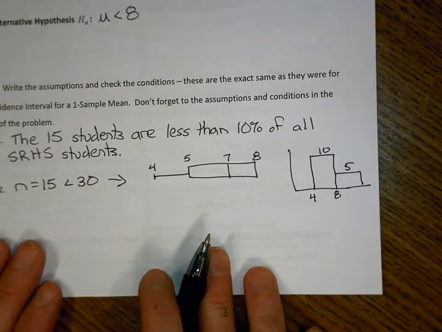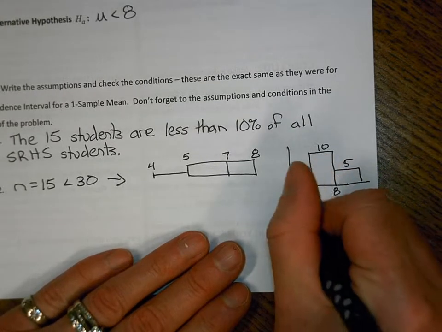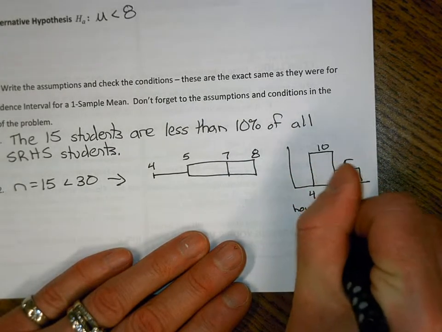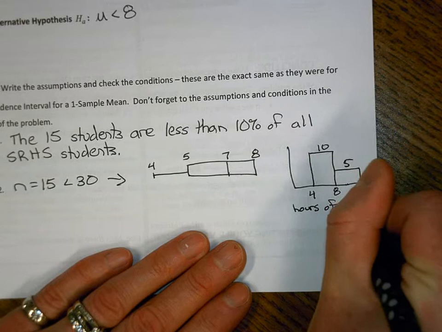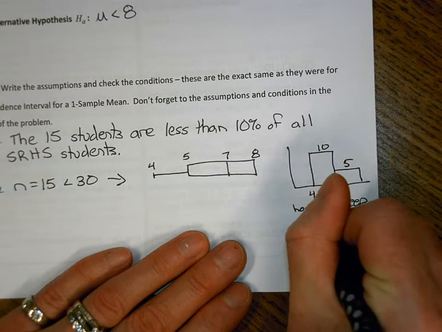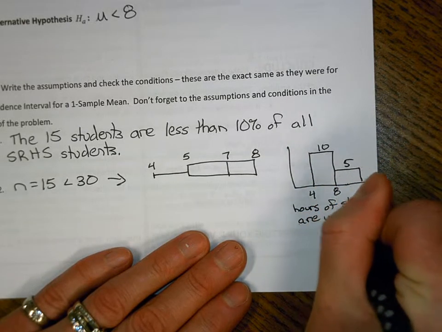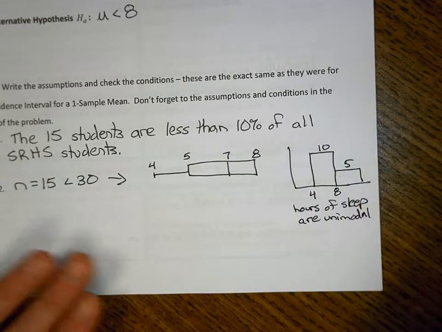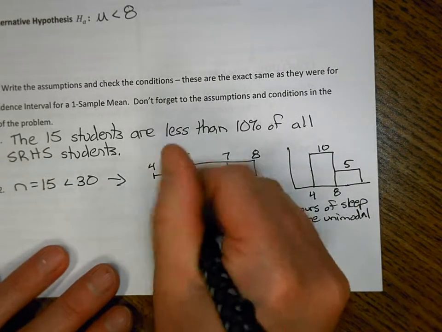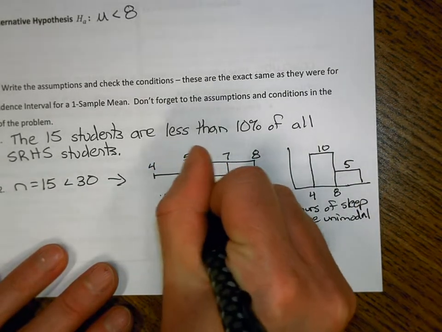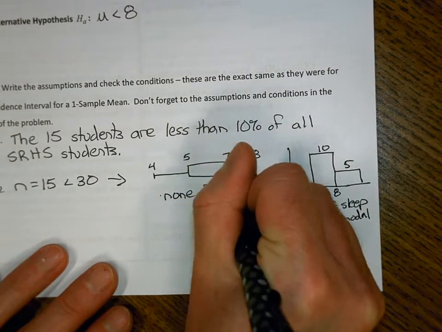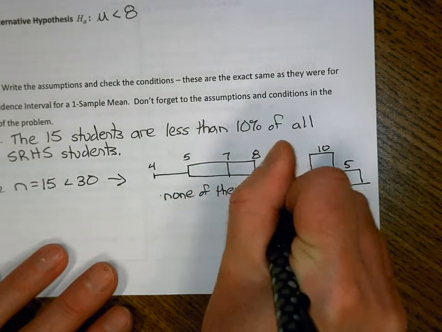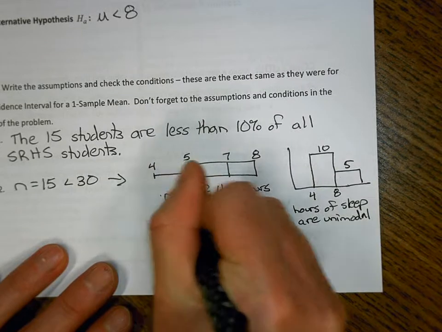So now, since I did the histogram, I could say hours of sleep are unimodal. And with the box plot, I can say none of the hours are outliers.